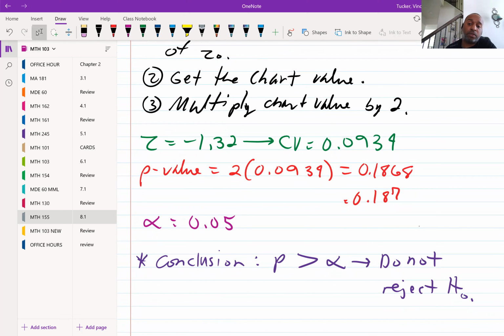But if it's greater than alpha, you do not reject your null hypothesis. All right, questions before we go to another problem? Try another one out.